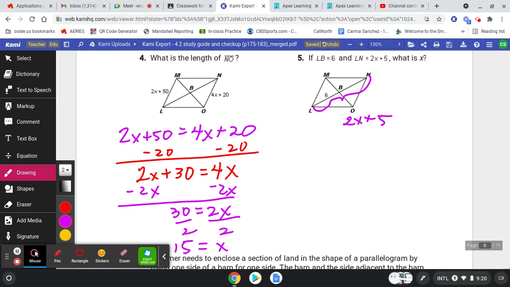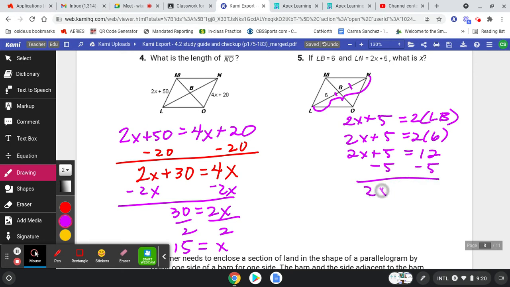And we know that 2x plus 5 is equal to 2 of the LBs, these two little segments, which is 2 of the length of 6. And then we solve. And we get 7/2 or 3.5, however you want to leave it.